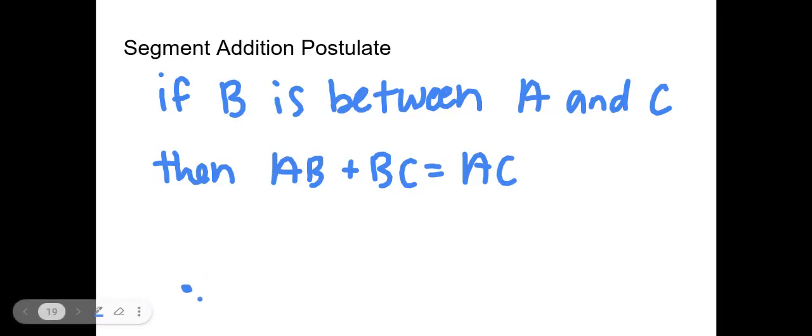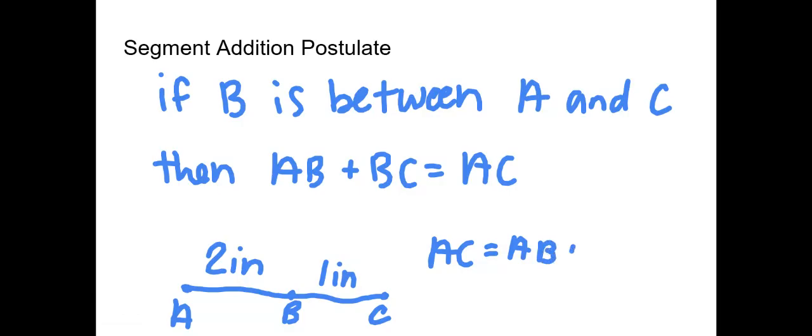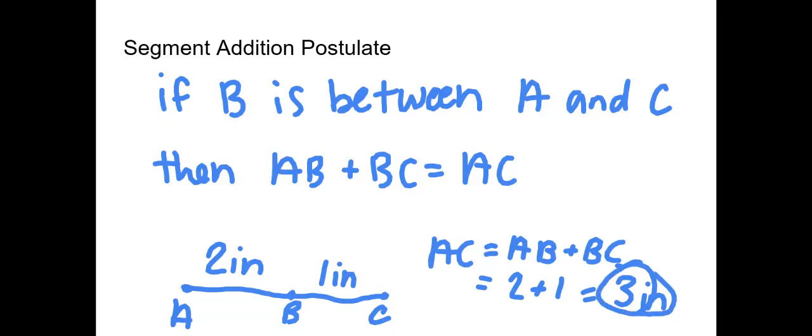So if I have point A here, point B here, point C here, and they all make a segment, okay, and this is 2 inches, and this is 1 inch, then the total length of AC is equal to AB plus BC, so it's equal to 2 plus 1, or equal to 3 inches. Units are important. Use your inches or centimeters.